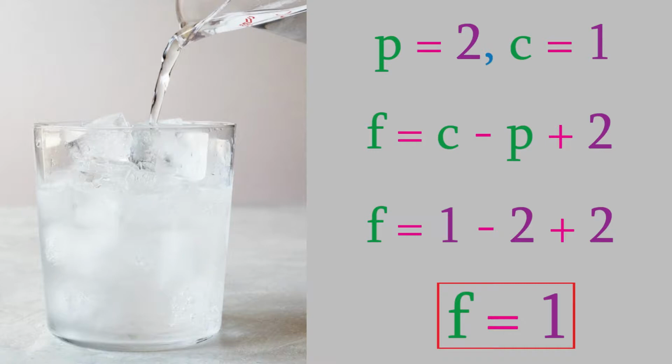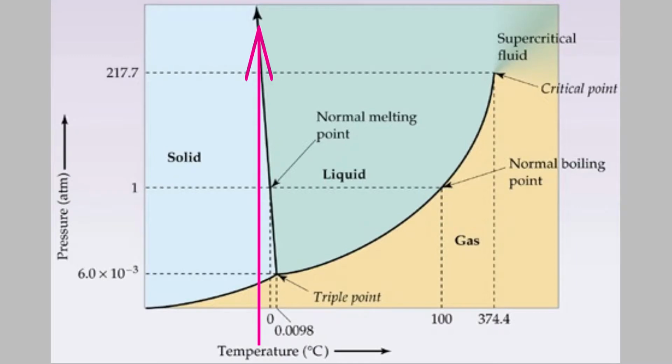So, in the case of our ice-water solution, we can choose one parameter and set it to any value. For example, we could choose to set the temperature to -10 degrees Celsius. However, if we do that, there's only one pressure that will still allow us to remain at equilibrium. In this case, the pressure will need to be about 1100 atmospheres.